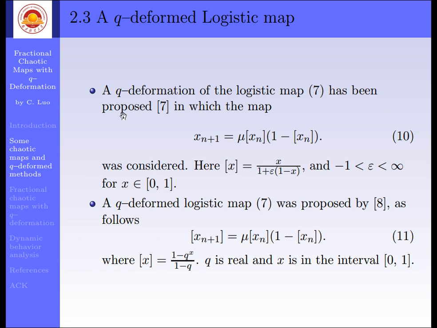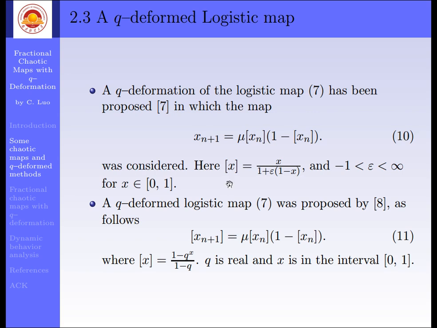Generally, there is no unique q-deformation method for a function or numbers. Recently, Banerjee and Sinha have introduced a scheme for the q-deformation of nonlinear maps. Specifically, they only deformed the variable x on the right side of the logistic map equation.